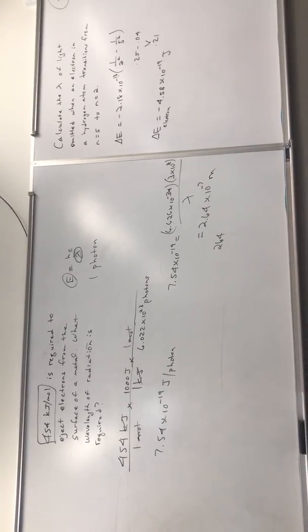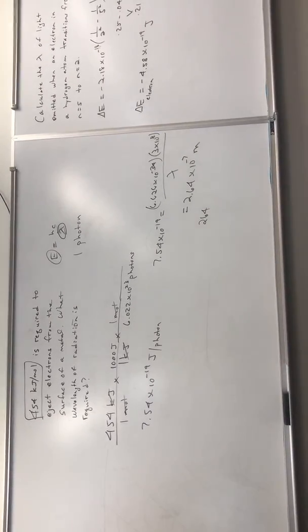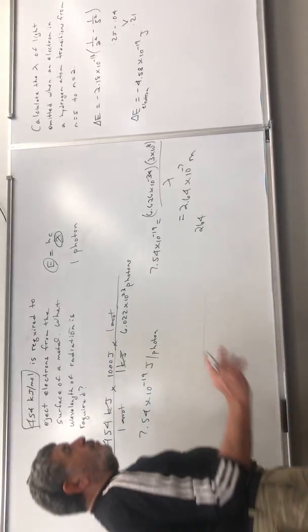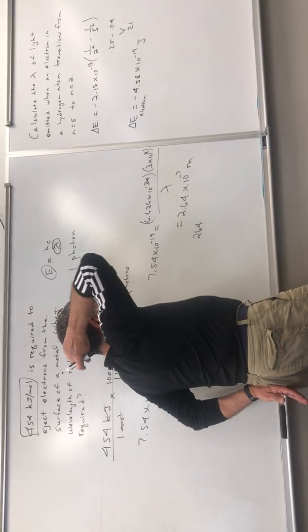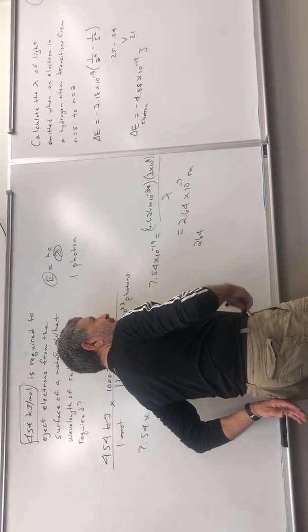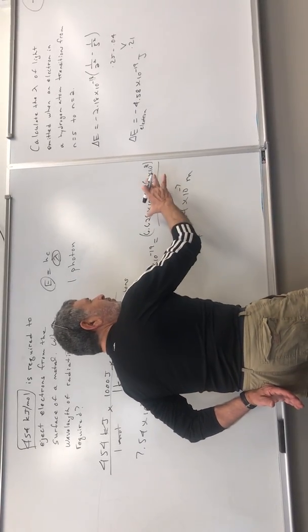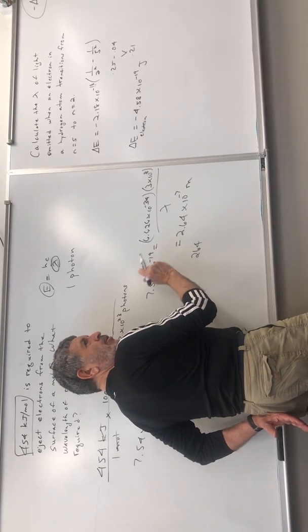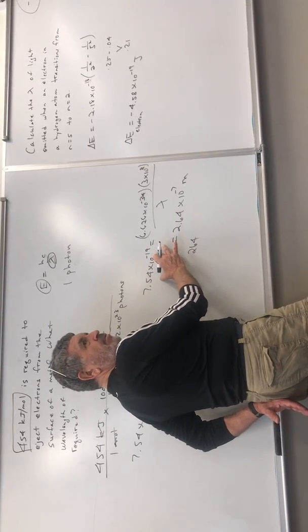Did you get that? One thing, some of these calculators are a bit unusual. When you take this and divide it by this, it doesn't understand what you want it to do unless you put this in parentheses.